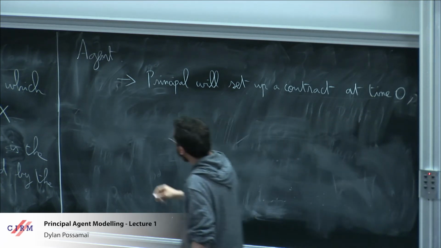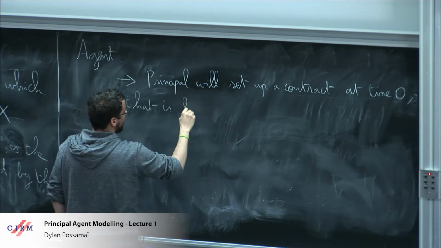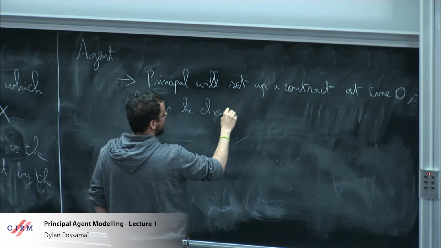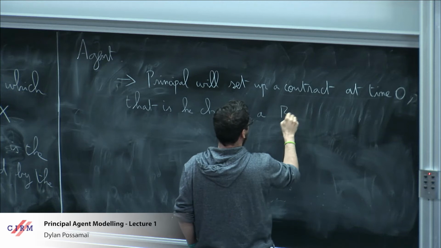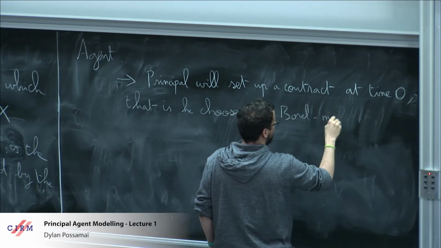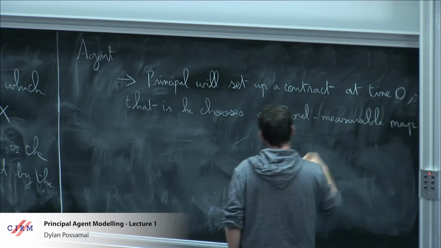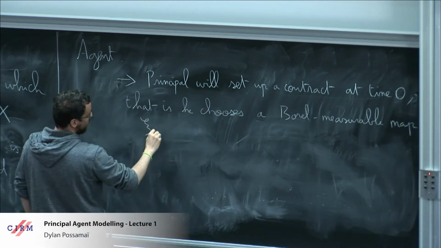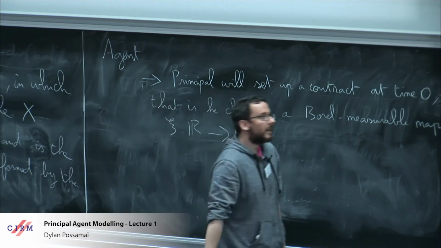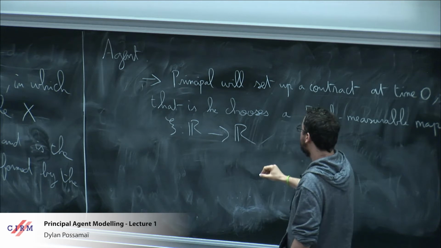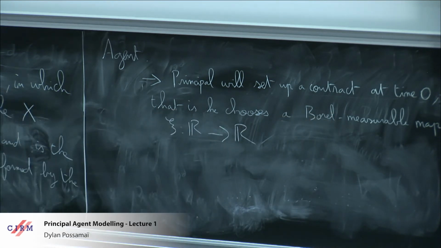What is to say, he chooses, let's say, a Borel measurable map psi from R to R. So here I'm just taking this real valued.